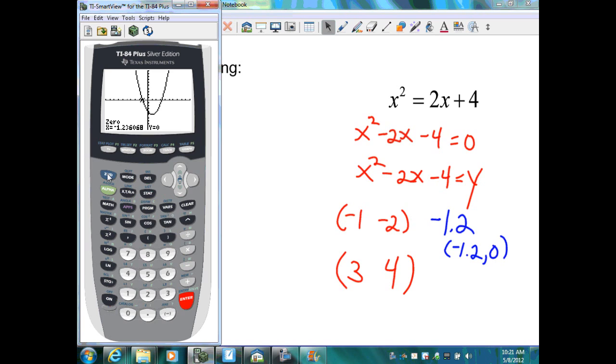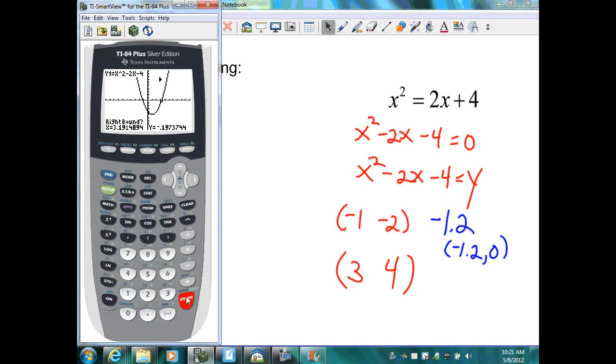So I go back to my calculator, second trace, 2, and I want to scroll to the other x-intercept on my graph. To the left of my x-intercept is going to be below the x-axis, so my y value is going to be negative. I want to get as close as I possibly can. Here I have a y value that's negative. It's very close.